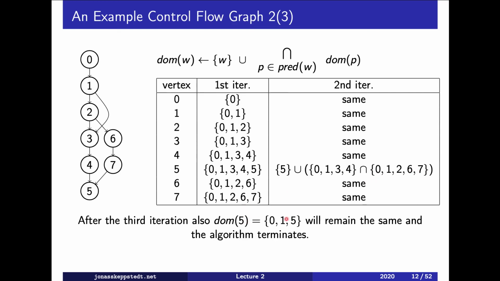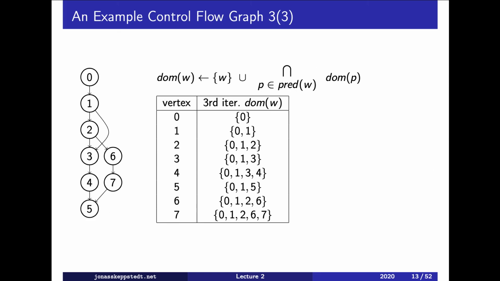So it's 0, 1, and 5 after the second iteration. And after the third iteration, which the algorithm does because it doesn't know that it will remain the same, it will also be the same, and the algorithm terminates. So this is the result.